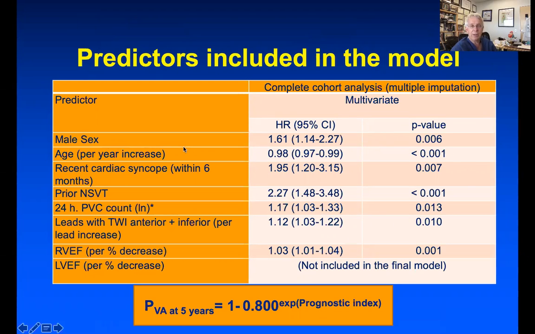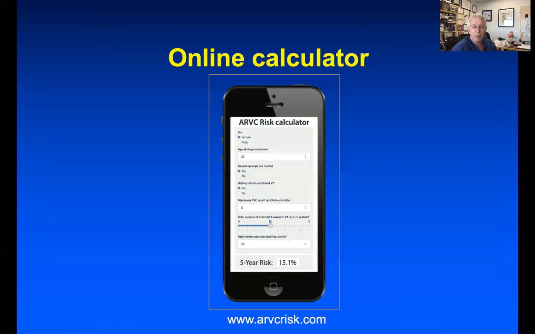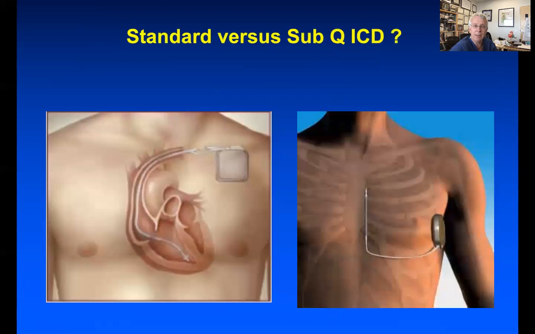Importantly, male gender increases your risk, younger age, recent cardiac syncope, prior non-sustained VT, the number of PVCs, the number of leads with an inverted T wave, and also the RV ejection fraction. So this is our online risk calculator, www.arvcrisk.com. If you go to it and you plug in some of these variables, you can find out what your 5-year risk of a sustained arrhythmia is.